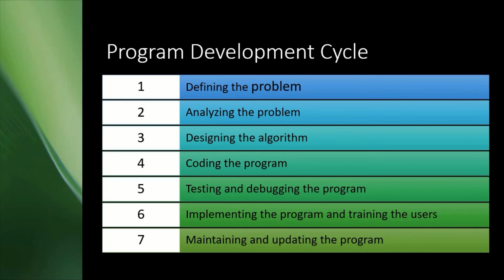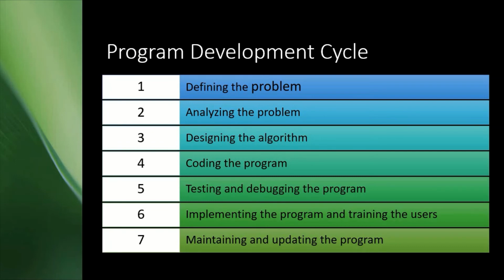For example, first the total is calculated, then the average is calculated, and after calculating the average, it checks in what range the average lies, and based on that result, the proper result will be displayed by the program. So this is how a step-by-step procedure is specified by using an algorithm.